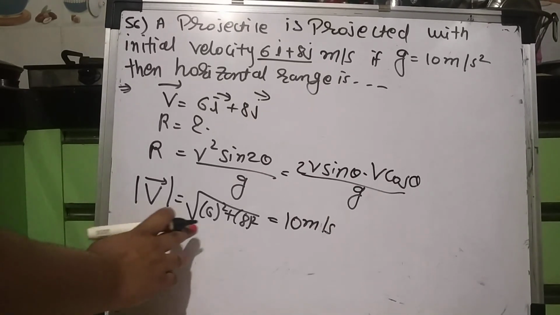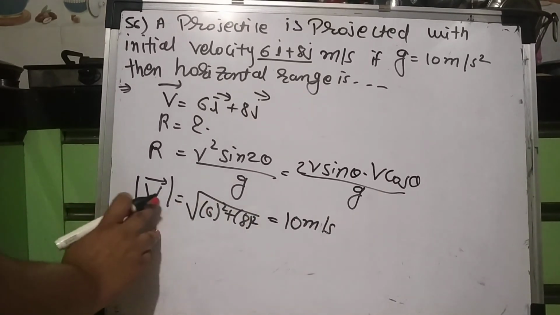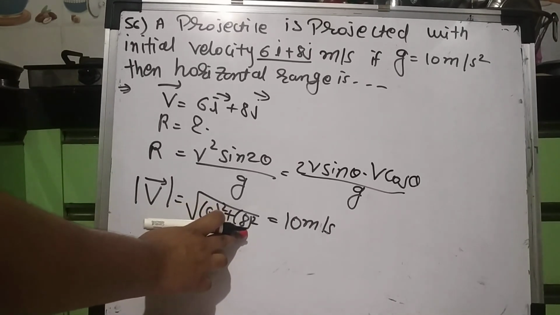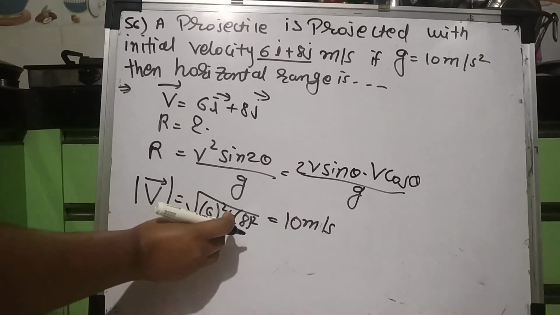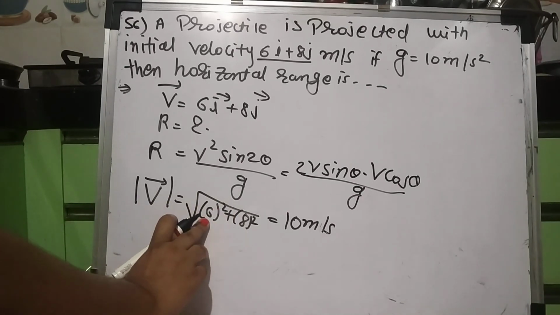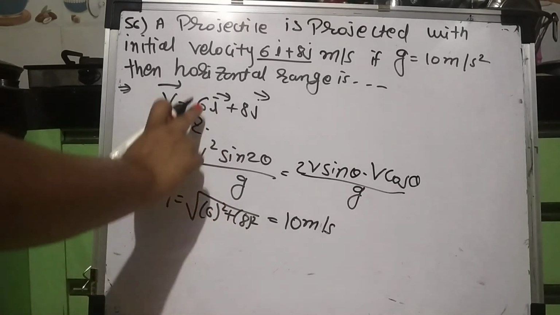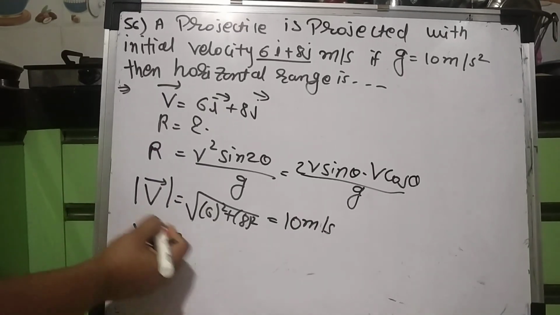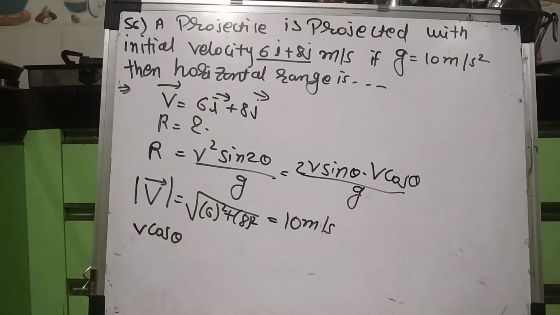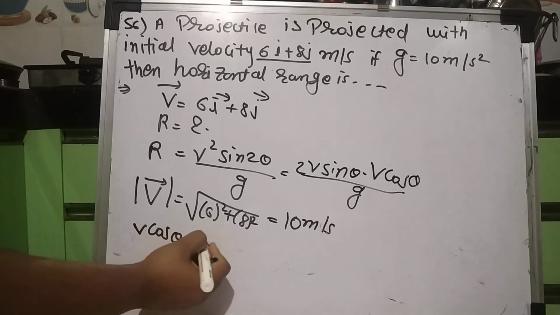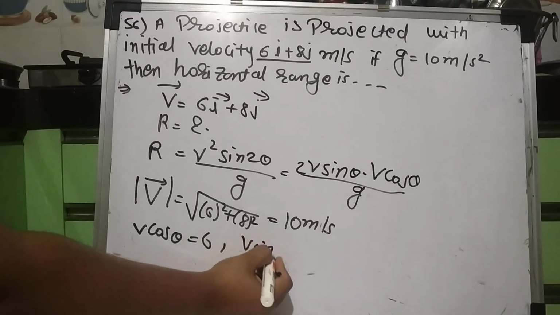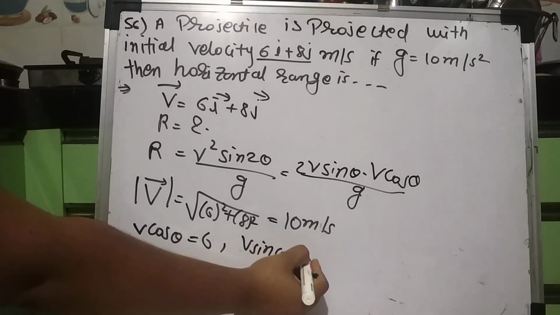This equation can be compared with mod of vector v is equal to under root of v cos theta square plus v sin theta square. This component, the i component, that means this 6 is v cos theta. Next, v cos theta is equal to 6, and v sin theta is equal to 8.